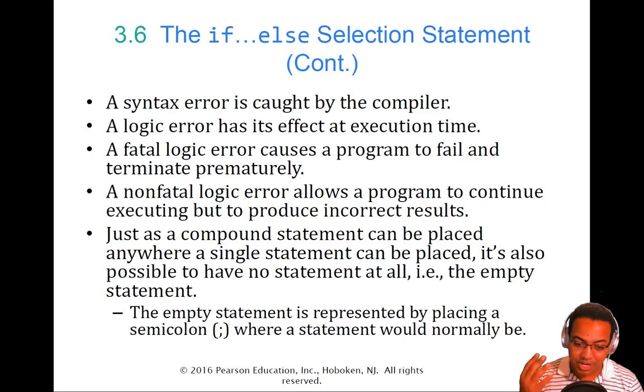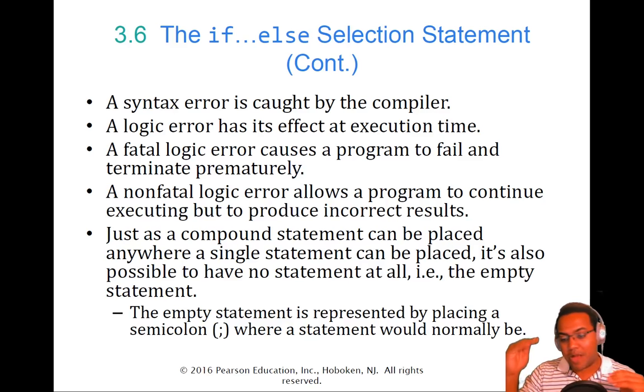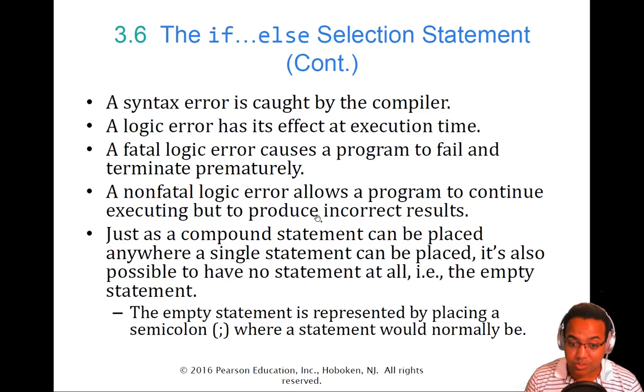Sometimes the logic error is based on a bad algorithmic order of events that we wrote incorrectly. A fatal logic error causes the program to fail and terminate prematurely. A non-fatal logic error, the ones that you really want to try to avoid, allows the program to continue executing but to produce incorrect results.